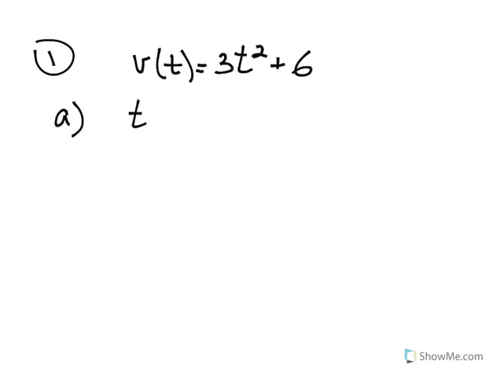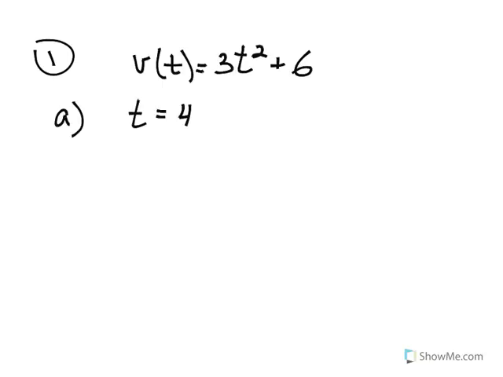Now let's see how we can apply these facts to different situations, different problems. The first one says the velocity of a particle that is moving along the x-axis is given. So v of t equals 3t squared plus 6. Now they tell you the position of the particle at t equals 4 is 72. So what does this expression mean?